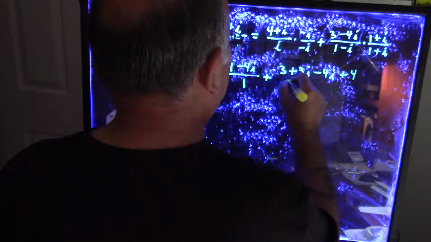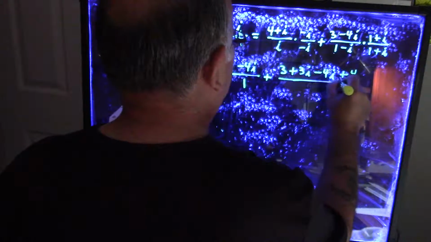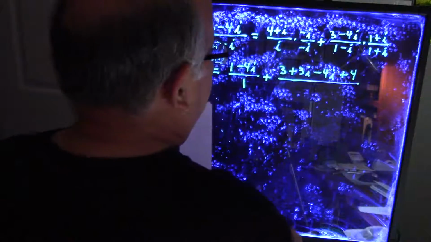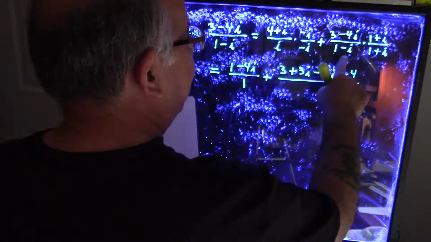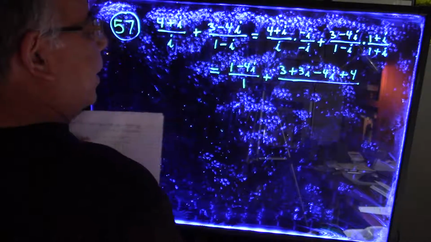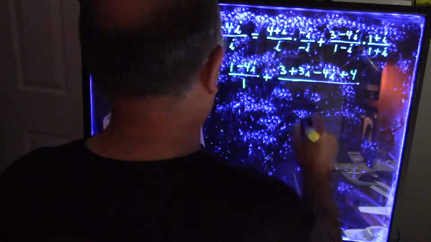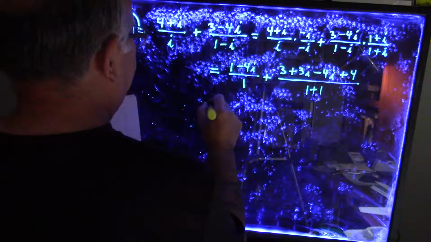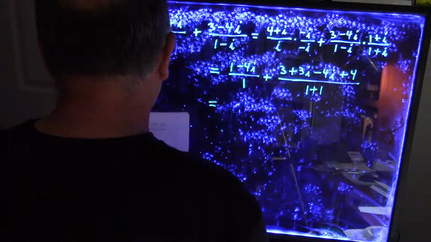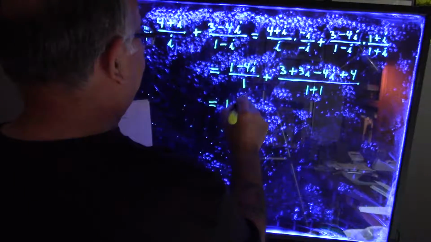And this becomes 1 plus 1. When you multiply this times this, you're going to get 1 plus 1. We've seen that one before. And so you've got 1 minus 4i, the first one here.